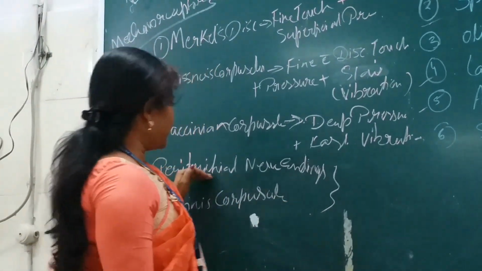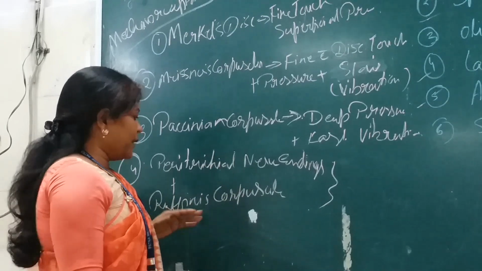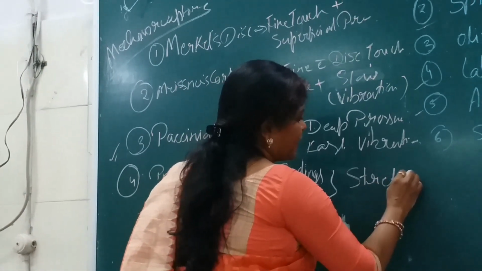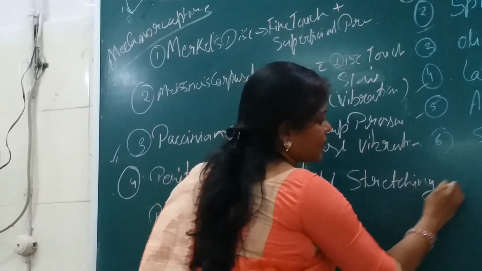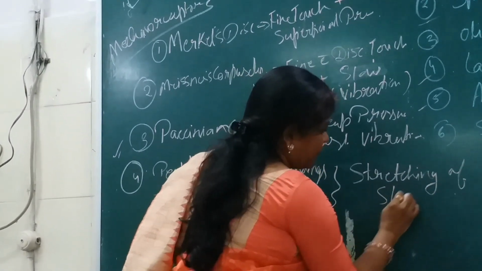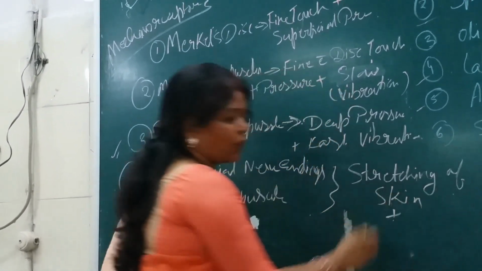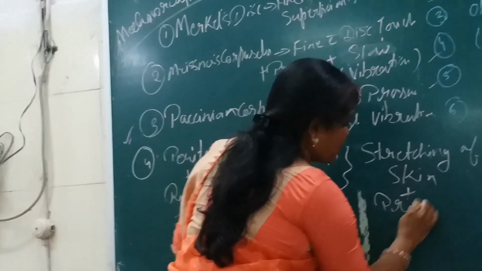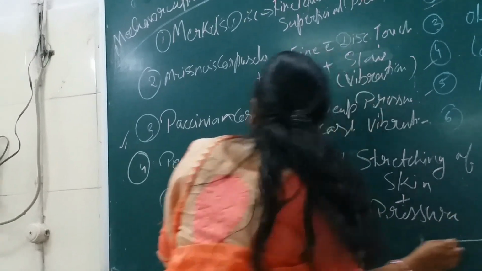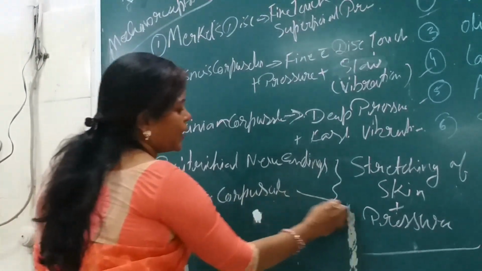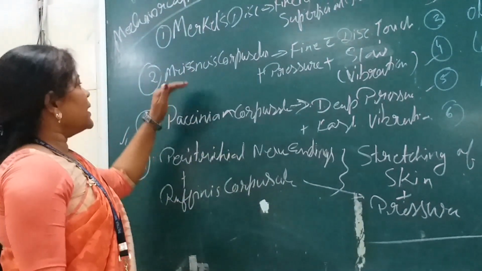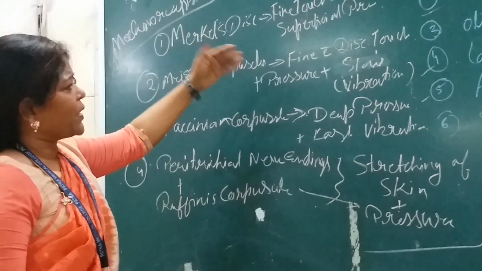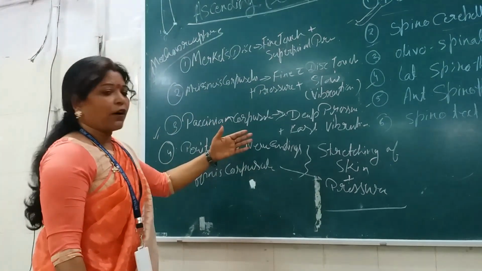Both these peritrichial nerve endings and the Ruffini's respond to stretching of the skin plus what? The pressure. This Ruffini's corpuscle is mainly for pressure. So these are the mechanoreceptors for the fine touch, pressure, vibration, stretching of the skin.